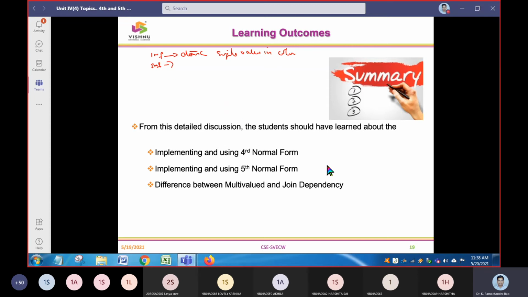In second normal form, there should be a primary key, and the non-key attributes should be purely dependent on the prime attribute. That means one primary key can be there and the remaining should be purely dependent on the primary key. That is full functional dependency.